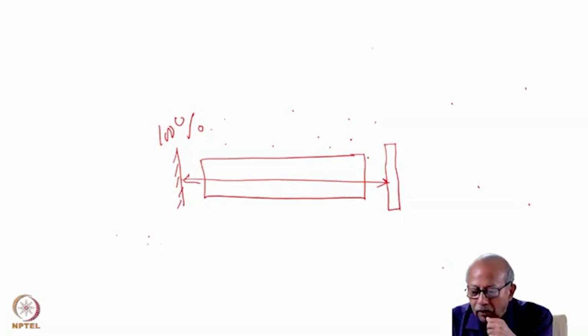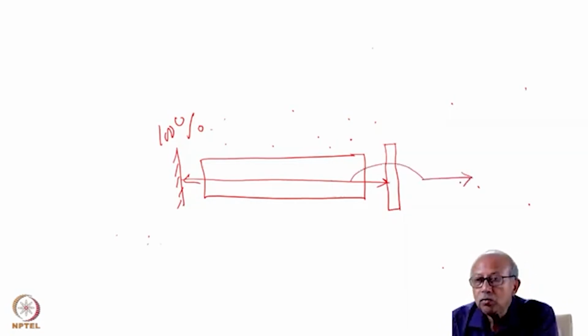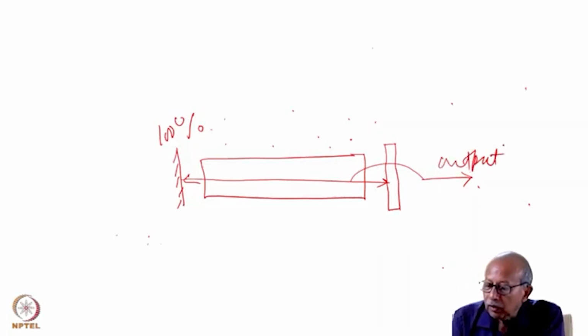To couple out a fraction of this light, you make one of the cavity mirrors partially transmitting, so that part of this light can be coupled out, which is the useful loss forming the output, forming the laser beam.